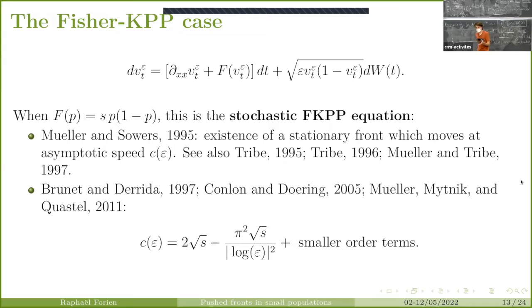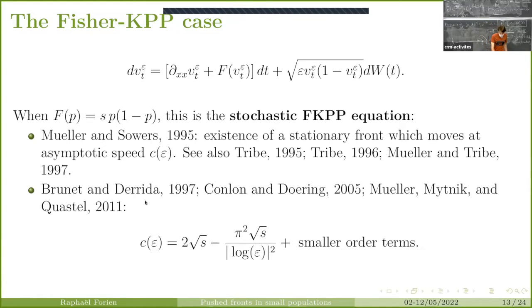So when f is proportional to p(1 minus p), this equation has a very different behavior. And we know from papers in the 90s that there is a stationary front which moves at an asymptotic speed. So if you look at the rightmost point where the solution is positive, you divide this position by t and you let t tend to infinity, this has a limit c epsilon.